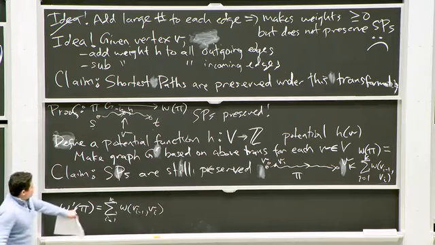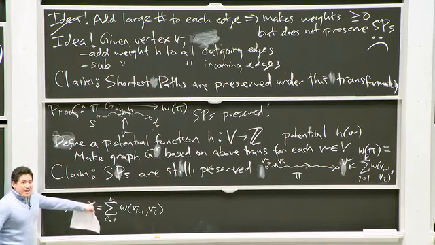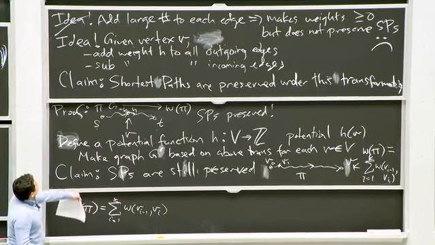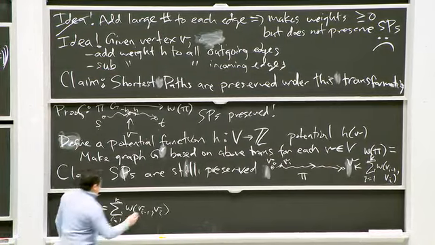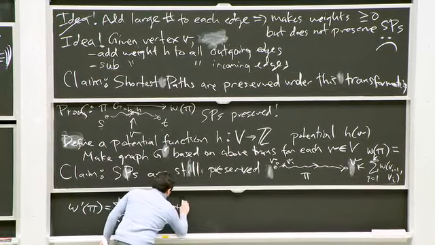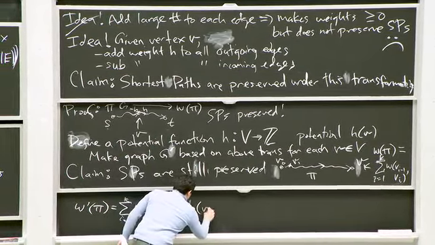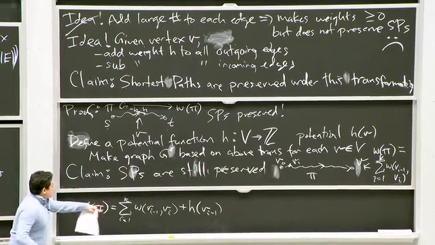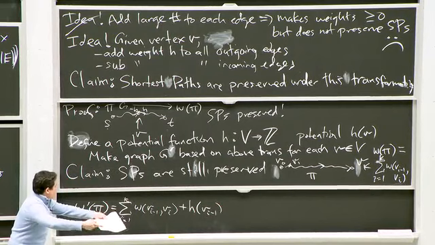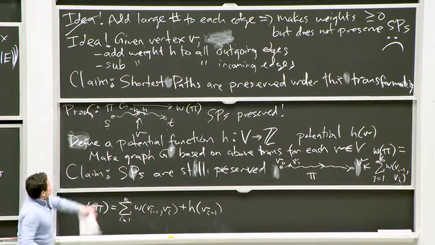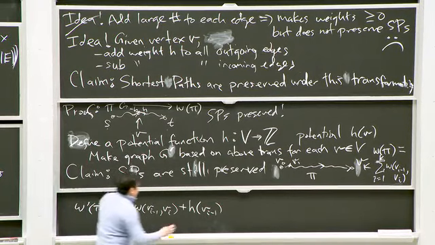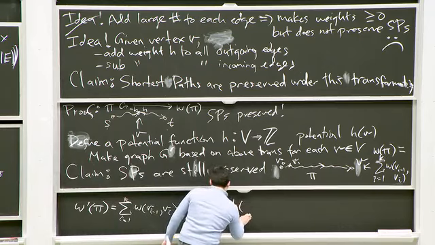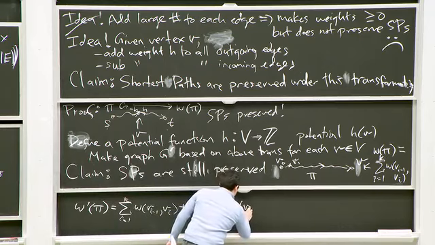But what did I do? This edge is outgoing from Vi minus 1. So it's outgoing, so I add that weight, that potential, sorry. But that edge is also incoming into Vi, right? So when I reweighted the thing, I got a subtraction of h of Vi.